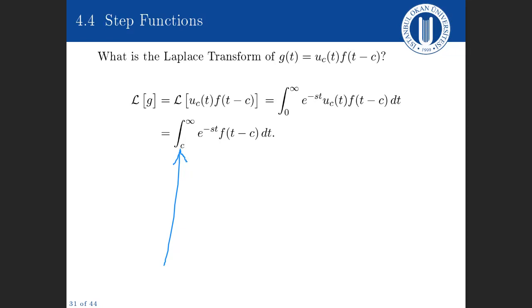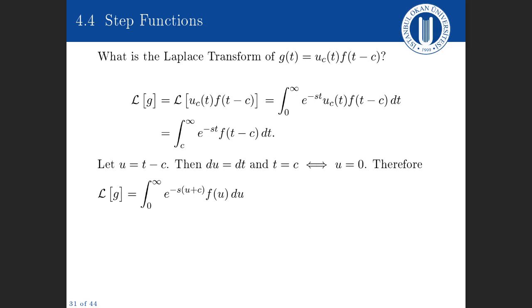So really we only need to be doing the integral between c and infinity. And then instead of u_c, we can just put 1. We need to do a simple substitution. Let u be equal to t minus c. Then, of course, du is equal to dt, and t equal to c is the same as saying u is equal to 0.